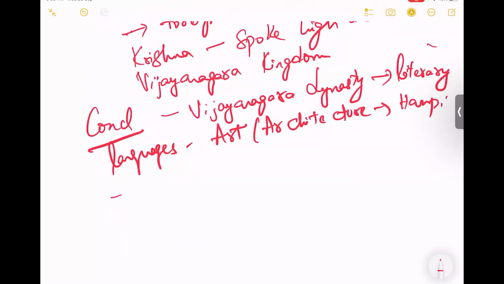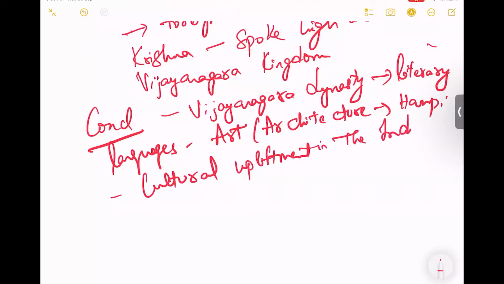And hence it is remembered as one of those dynasties which has given cultural upliftment in the Indian subcontinent.